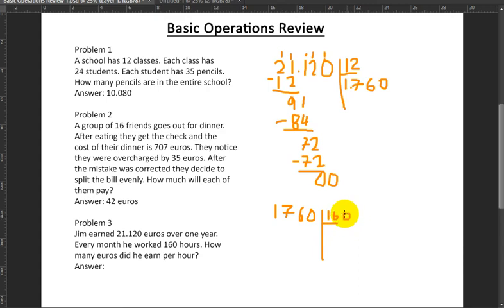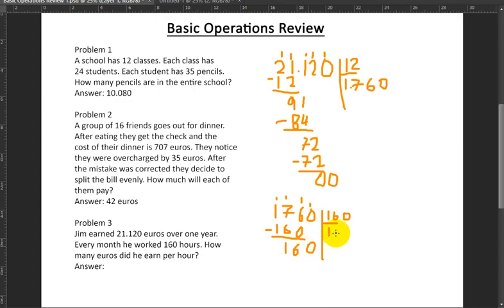How many times does 160 fit into 176? That would be once. 1 times 160 gives me 160. And if I do this subtraction, I'm going to get 16. I'm going to pull down the 0, get 160.